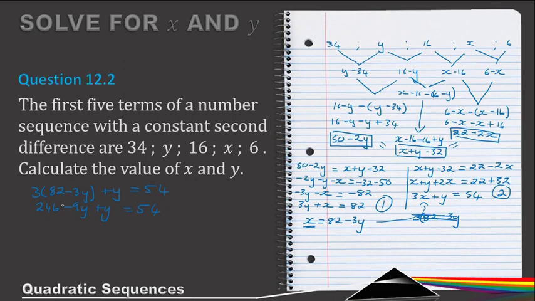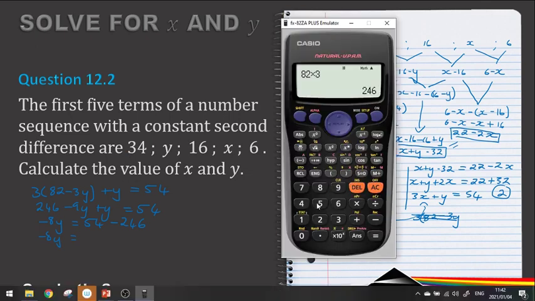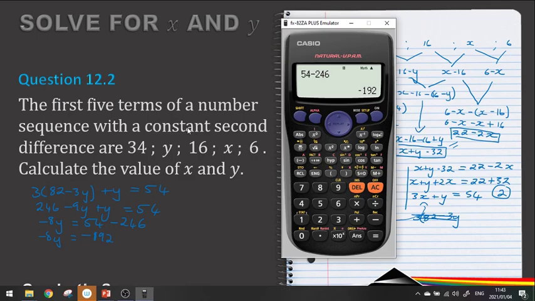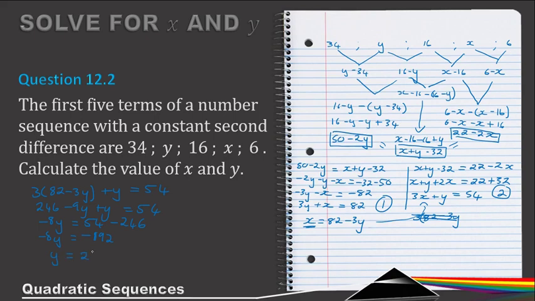So this is then negative 8y equals 54 minus 246, and that is equal to negative 192. And then if we divide both sides by negative 8, we get negative 24. Okay, so this is y equals positive 24.